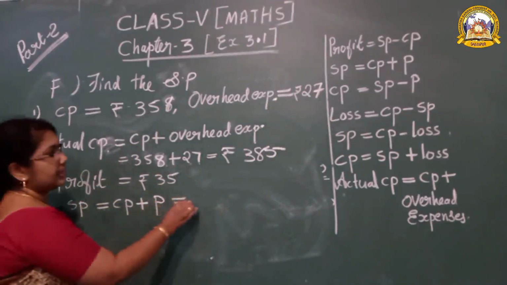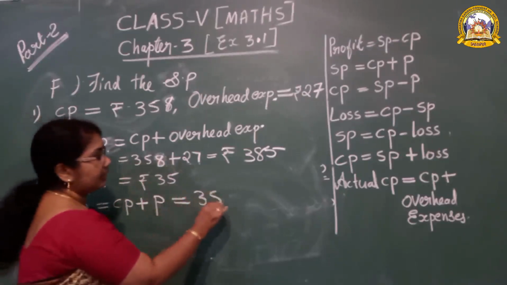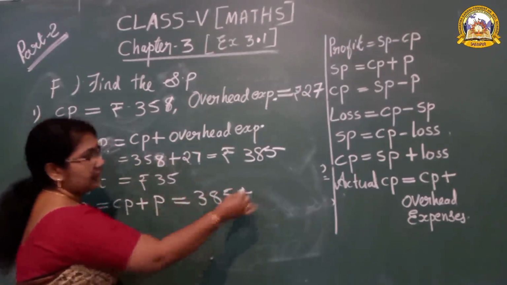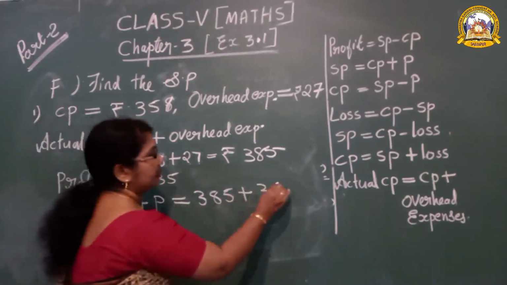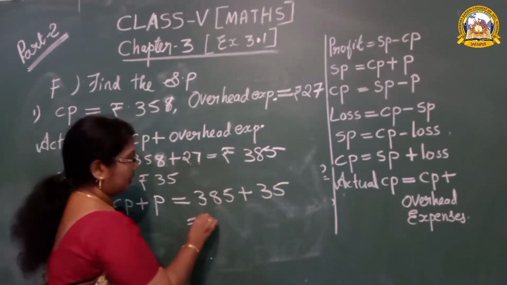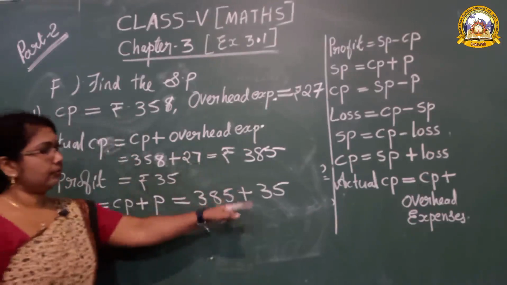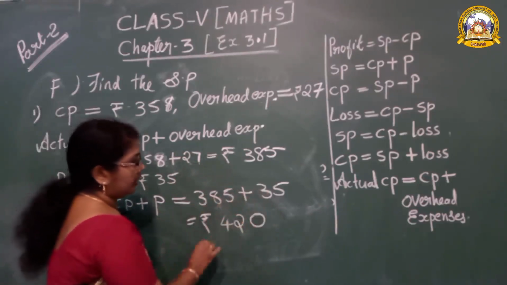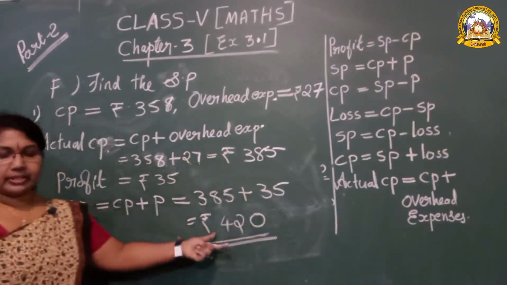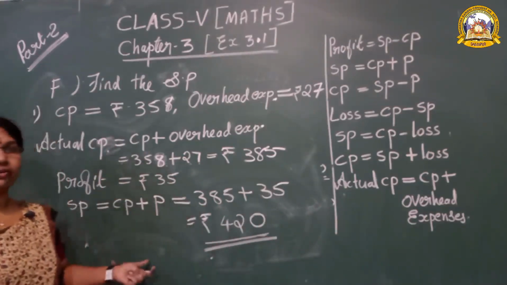Then what is the CP? 385 plus profit 35 is equal to 420. What is the SP? 420.